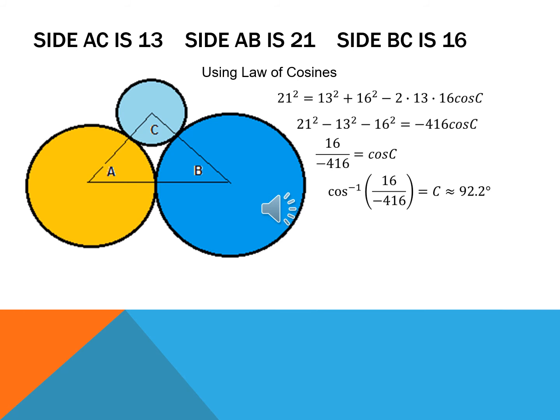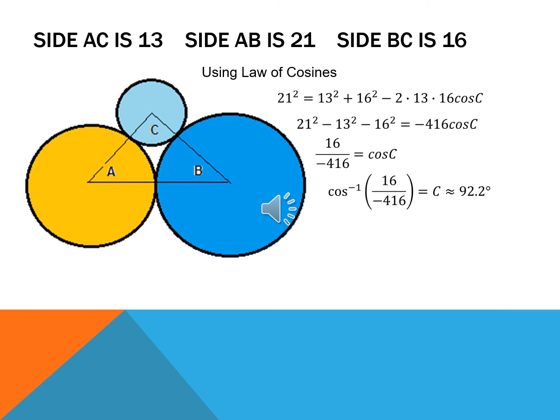So plugging the values into the law of cosines, length 21 squared is equal to 13 squared plus 16 squared minus 2 times 13 times 16 times cosine of angle C, that is opposite length 21. I'm going to then solve for angle C. So I want to get everything away from cosine of C. So I subtract 13 squared and I subtract 16 squared from 21 squared.